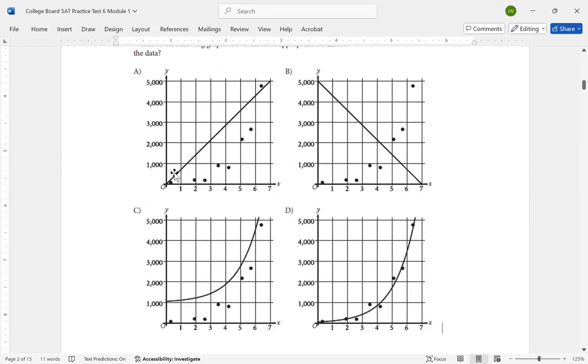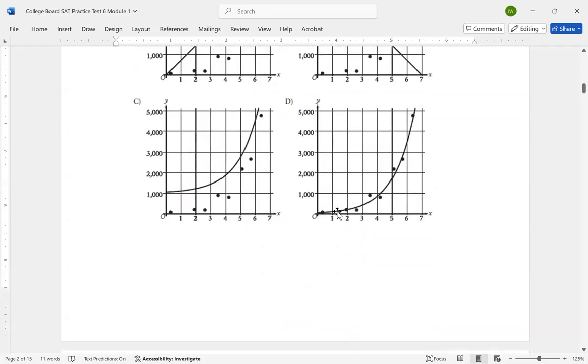So we look at what options they give. They give a straight line with positive slope, a straight line with negative slope. Then they give us 2 exponentials where the increase in the curve, excuse me, speeds up as you move towards the right.